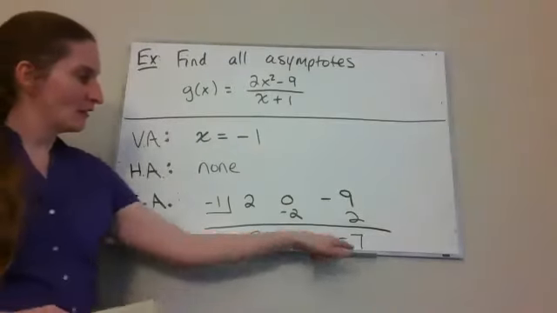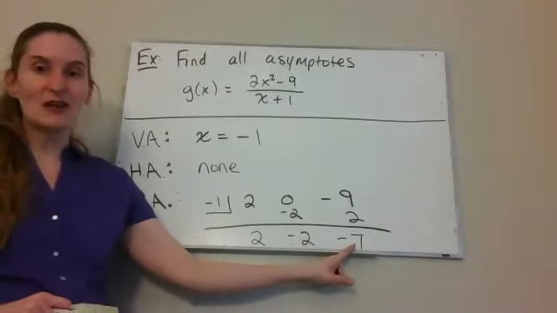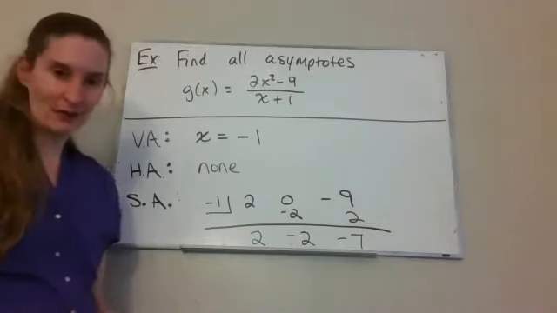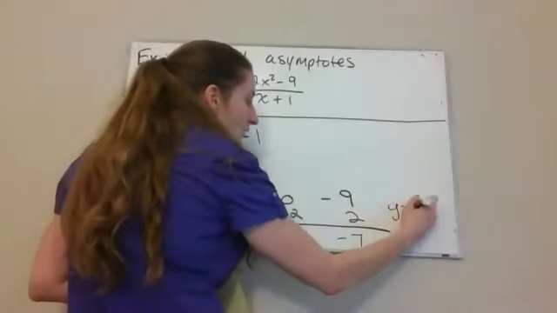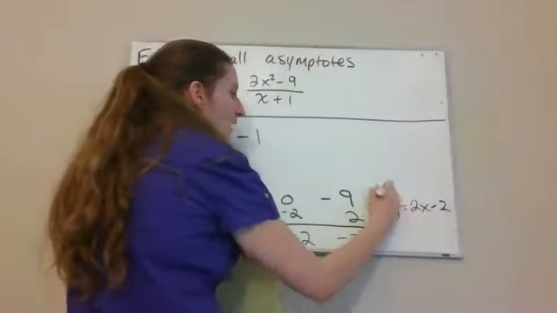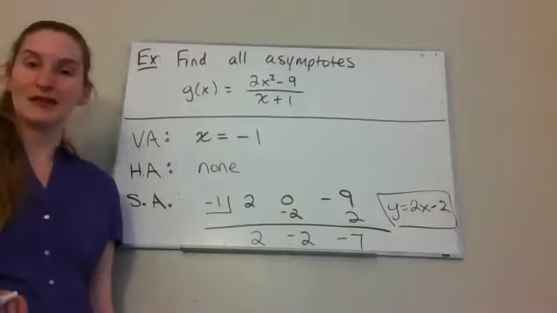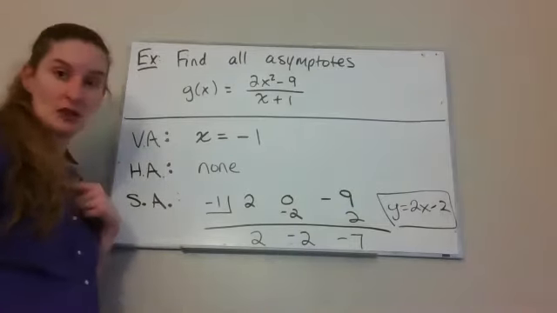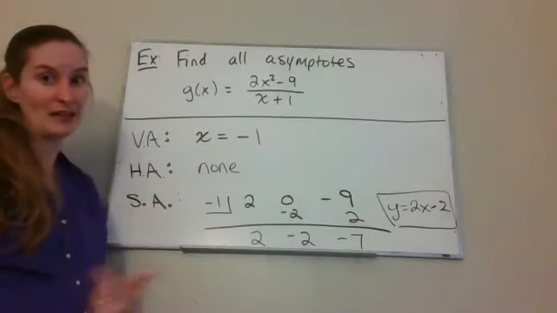Now remember, this negative 7 was the remainder. But my slant asymptote is the quotient without the remainder. So I don't need that negative 7. I'm just going to have y equals 2x minus 2 as my slant asymptote. So you get it just by doing our synthetic division or long division. I personally would do synthetic division anytime that I'm dividing by x plus or minus some number.